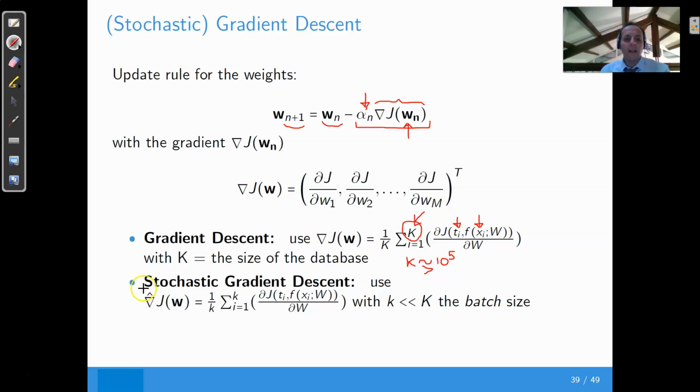So in order to reduce the computational complexity, in some cases we consider the stochastic gradient descent.